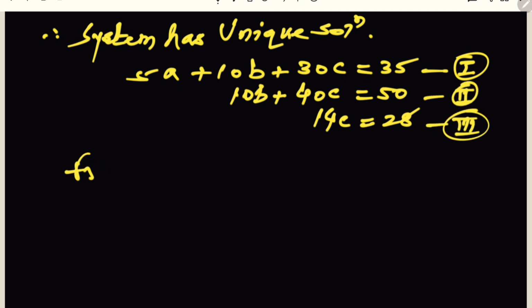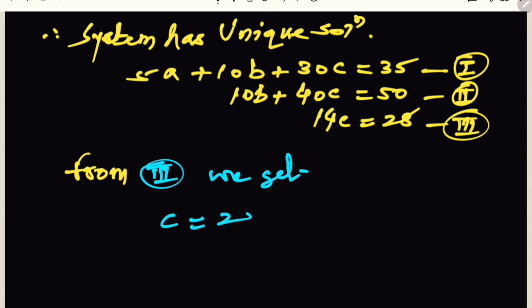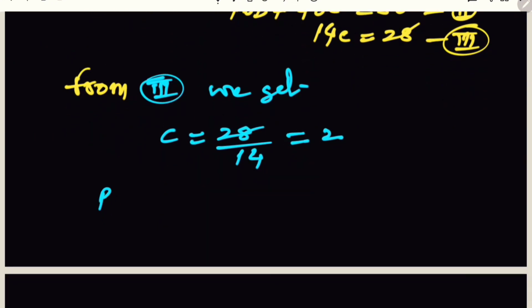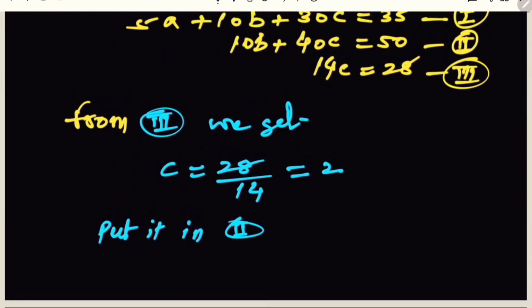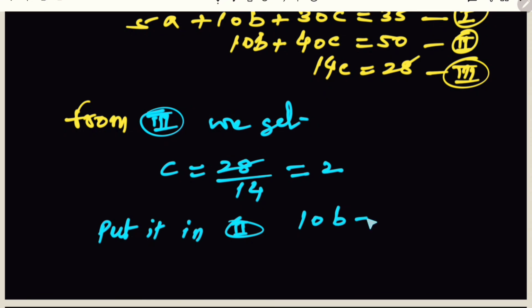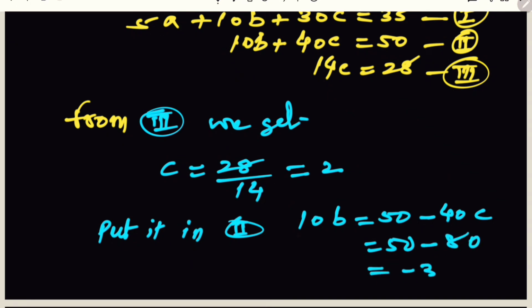From the last equation we get the value for c as 28 by 14, that is 2. Put it in the second equation, we get 10b is equal to 50 minus 40c. Substituting value of c as 2, 50 minus 40 into 2, that is 80. 50 minus 80 is minus 30, and therefore we get the value for b as minus 3.